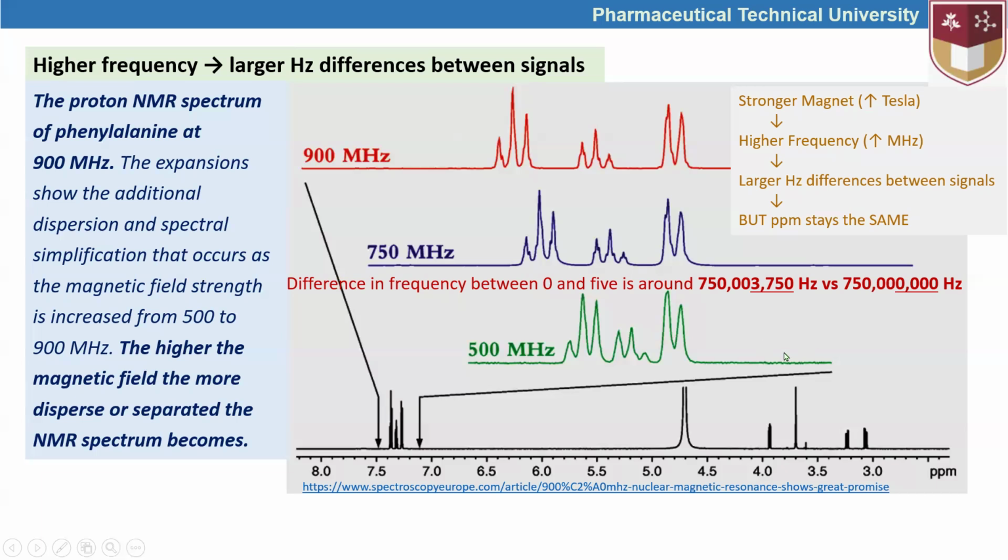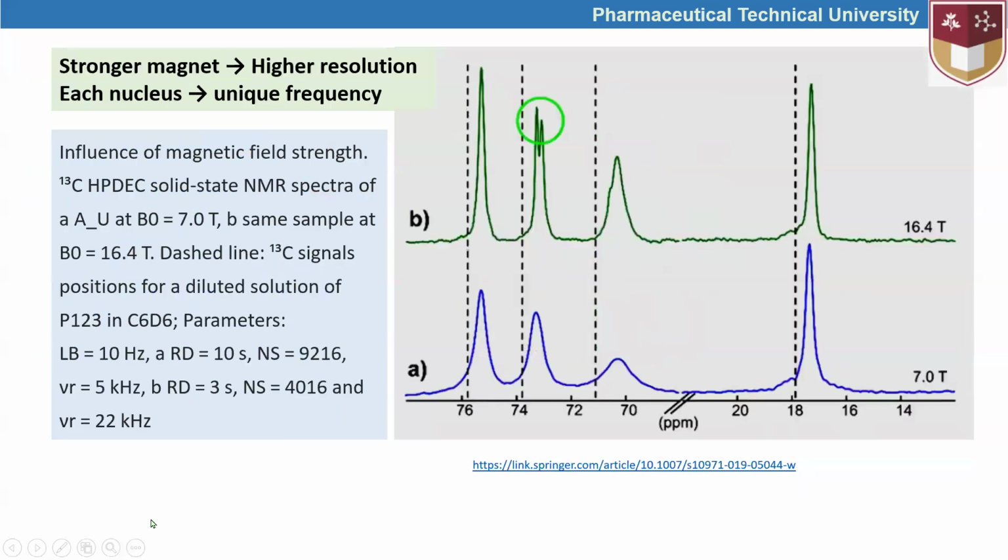But excluding the parts per million part, we can see the difference between 0 and 5 is only 3,750 that belongs to 750 million. Okay, this is the point that we have to understand.